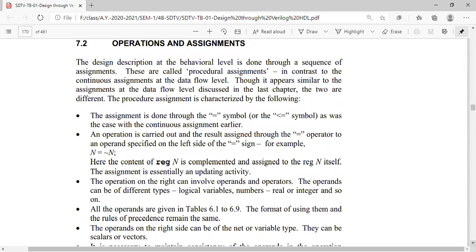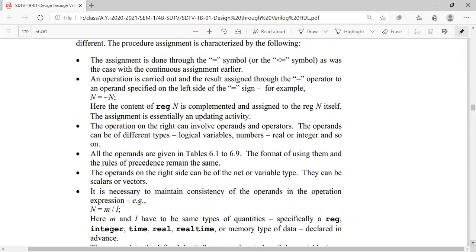This is a procedural assignment. In the data flow model, we never used such a thing. We assigned some value to a and some value to b, and did some operation with respect to a, one variable, and b, another variable.